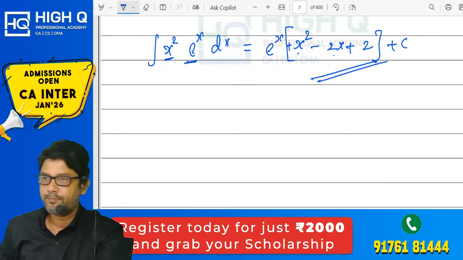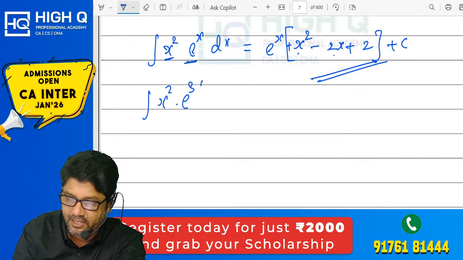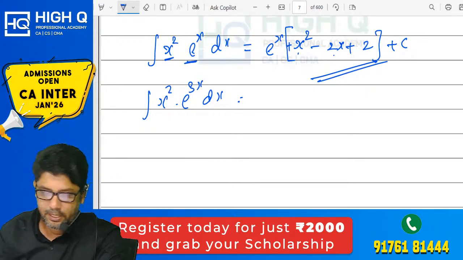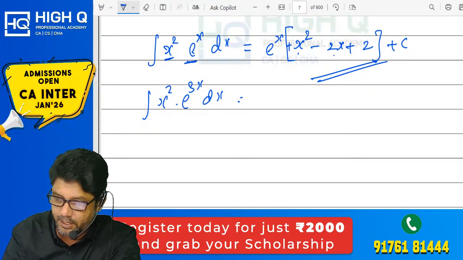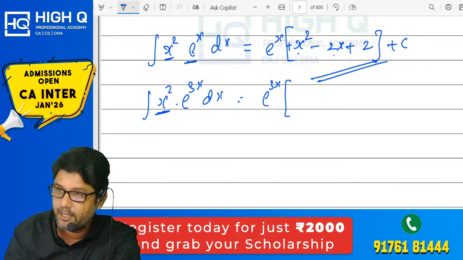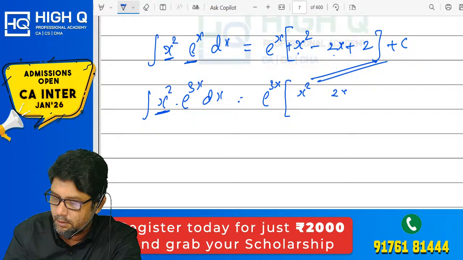Answer over. Okay, sir, but in this question, we have x square into e power 3x, sir. This question was asked in the exam. That's what I've taken. e power 3x means outside the bracket you write e power 3x only. First, what is here? x square. Write x square. Derivative of x square? 2x. What is derivative of 2x? 2.